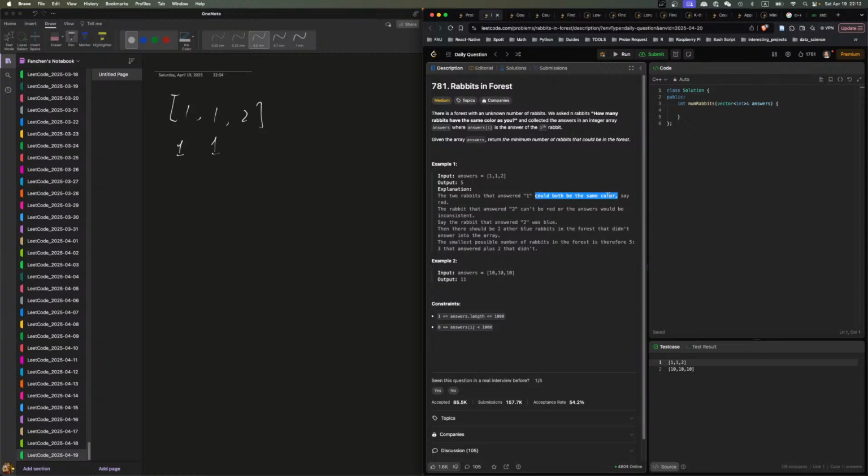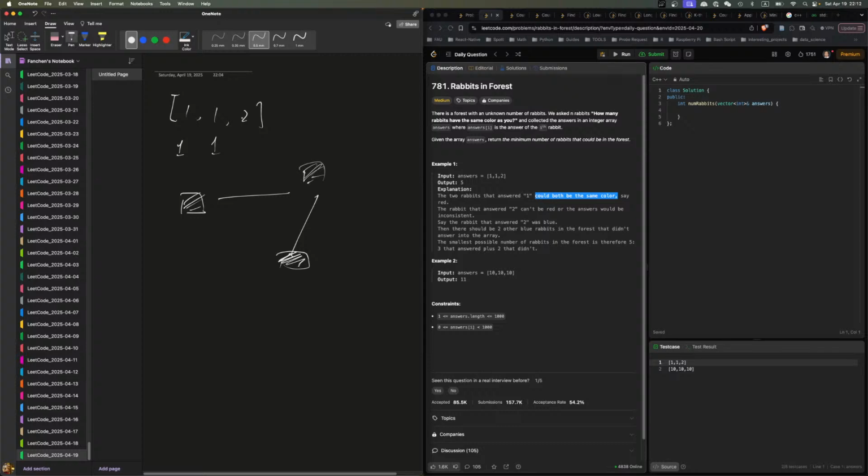Huh? How can you be the same color? How many rabbits have the same color as you? So other rabbits. Oh, not counting you. Alright, so the other rabbit. Okay, so I have my color, and I say the other rabbit, 1 rabbit, and then this one says 1, so we can actually point to the same one, right?